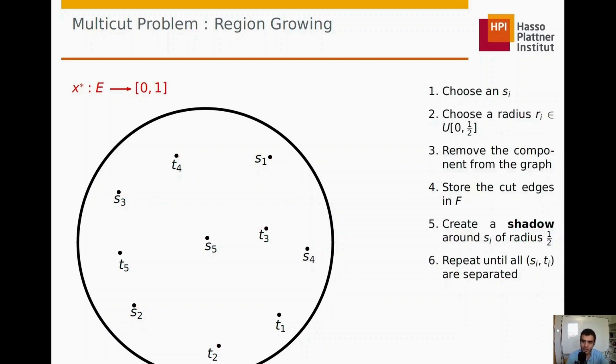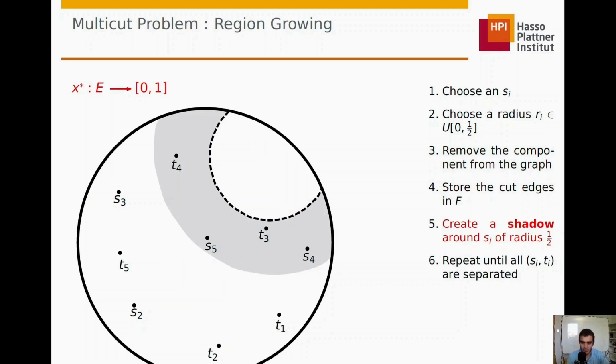And now if I run this algorithm here, I will have a multicut, but let's run it to convince everyone. So I select S1 here, I choose a radius randomly between 0 and 1/2. I cut those edges, so remember that now my cut edges can also be those dotted lines. And I create the shadow of radius 1/2.